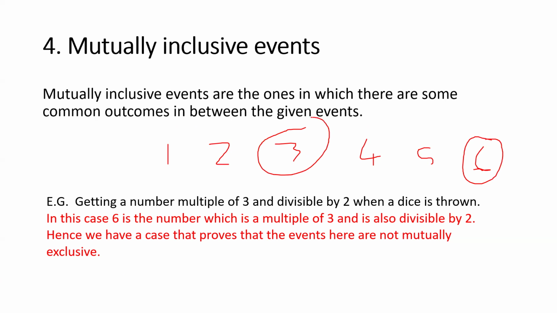A number that is divisible by 2, 6 is divisible by 2. Can you see? So I can have a number which is divisible by 2 and also a multiple of 3. So these 2 things are happening at the same time. Can you see? Because I can get a number that is a multiple of 3 and also divisible by 2. And that is why we call this what?